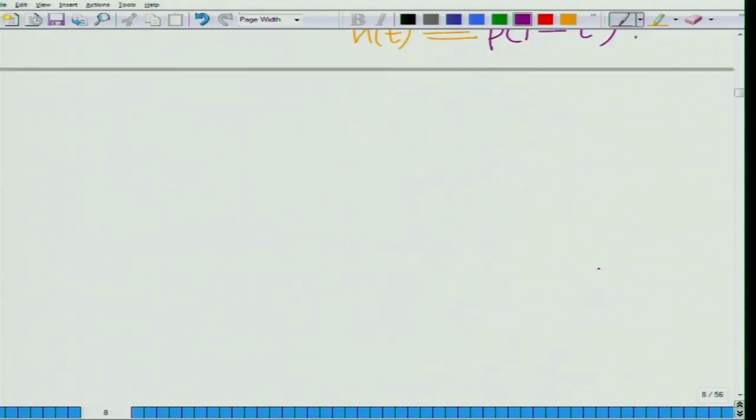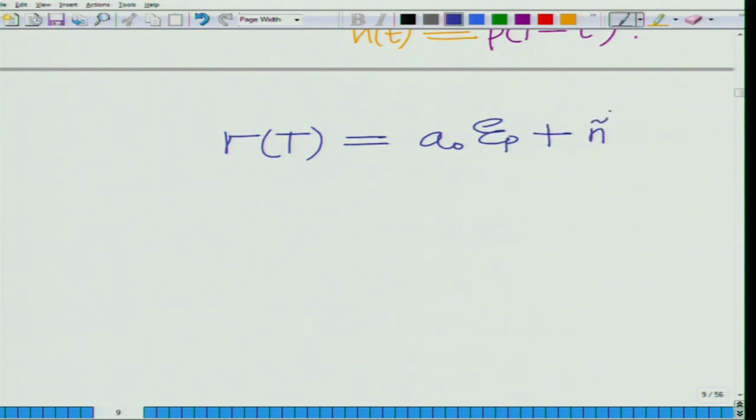Therefore, we are choosing the matched filter h(t) equal to p(T minus t), where T is the symbol duration. So, that remains unchanged, and the matched filter still maximizes the output SNR. In fact, once you matched filter and sample, with E_p equal to 1, you have again r equals A_0 plus n tilde, which is very similar to what you obtained for binary phase shift keying.